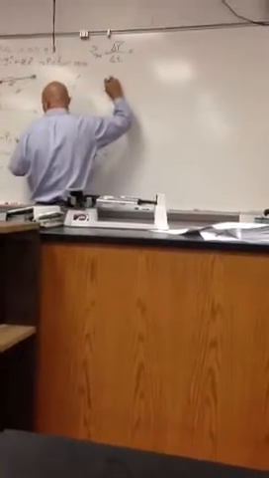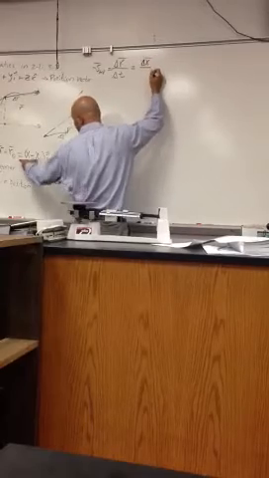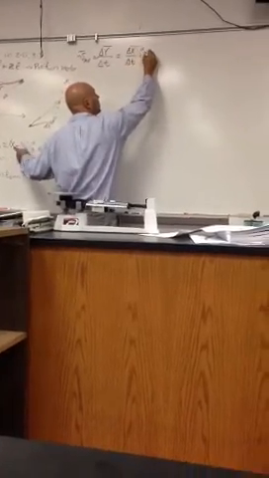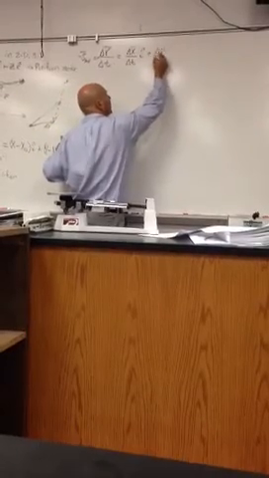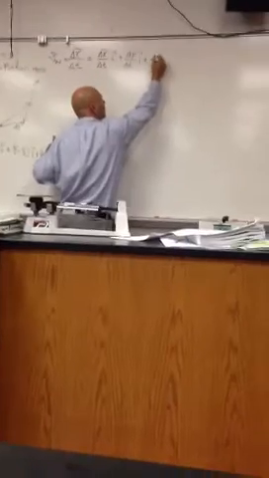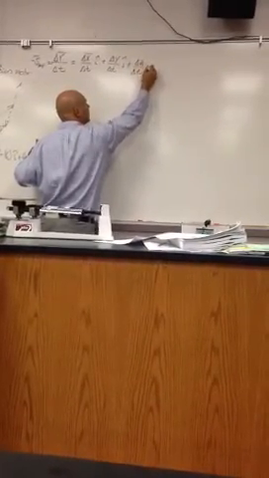Delta r over delta t, but because it will be delta x divided by delta t, i, plus delta y divided by delta t, j, plus delta z divided by delta t, k.